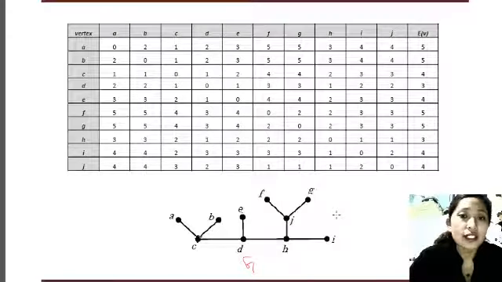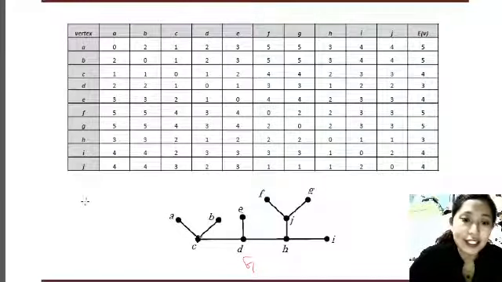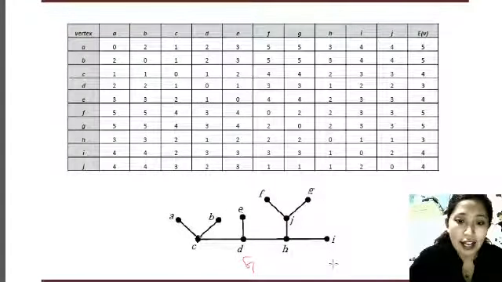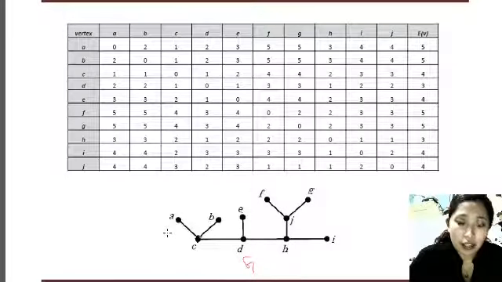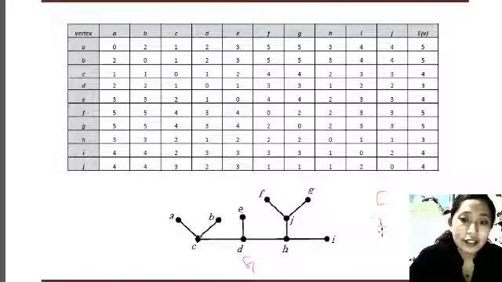So let us further understand this using an example. Let's say this graph, which is a tree, has 10 vertices: A, B, C, D, E, F, G, H, I, and J. What we need to do here is determine the center, diameter, radius, and the perimeter vertices.